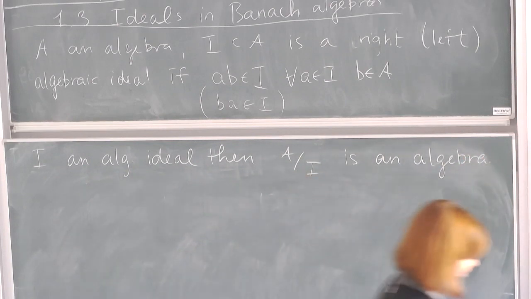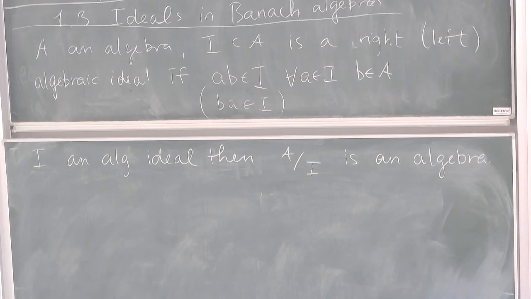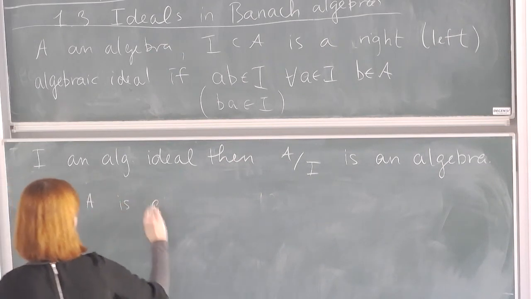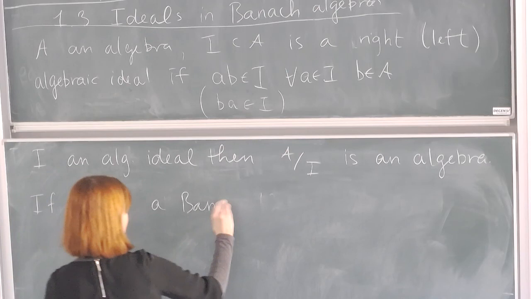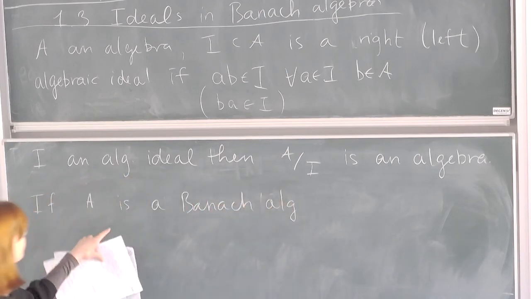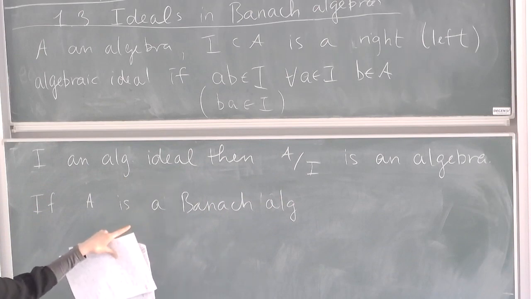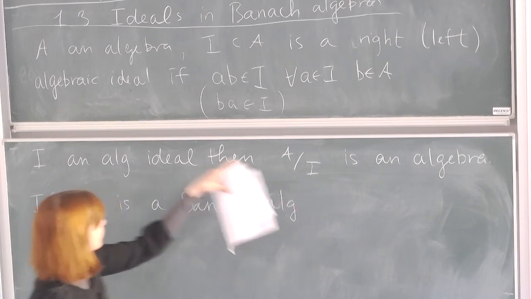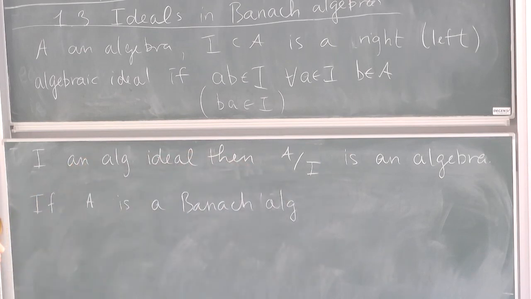Now, if we're in a Banach algebra, then when I say just an ideal, I will mean it to be closed. So if it's a Banach algebra, then we have right, left ideals, and we can drop this algebraic. And again, just an ideal, this will always refer to the closed version.